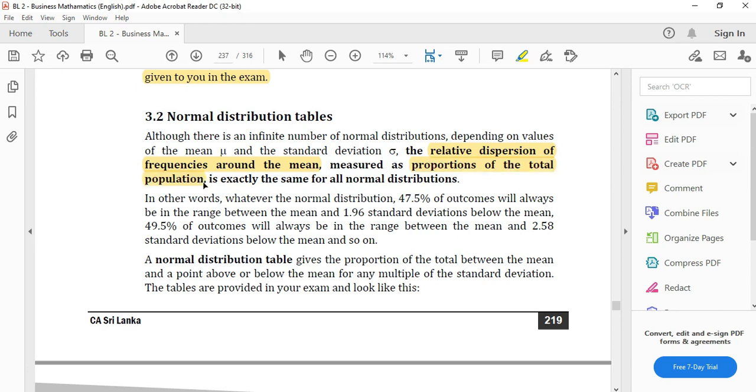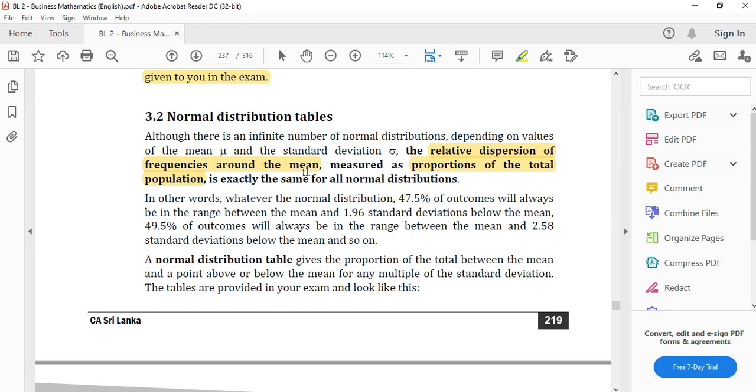That means the standard deviation divided out of the total population is the normal distribution, because the goal of normal distribution is to show how the numbers have been distributed around the mean average.